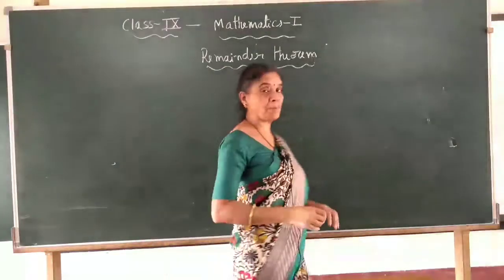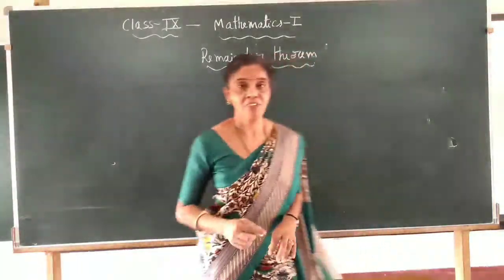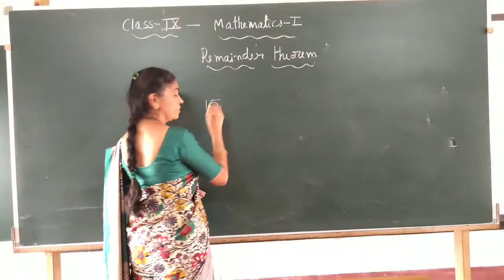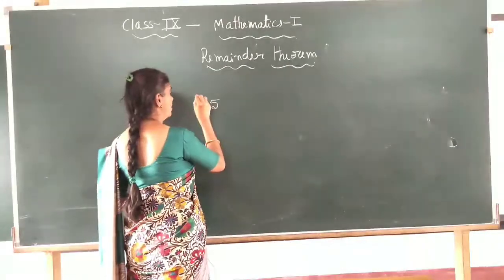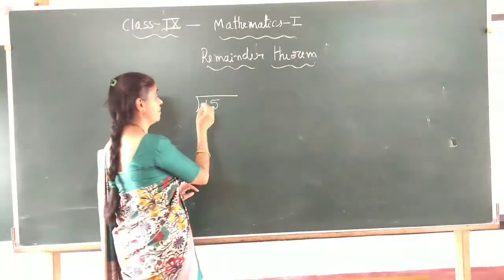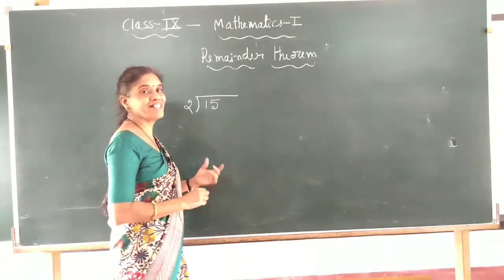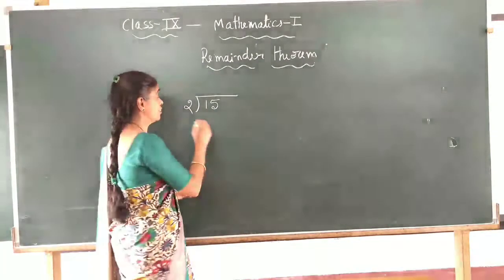What is the meaning of remainder? You know, in mathematics, when any number, say 15, is divided by a divisor 2 here, what do we get at the last step? Let us do the division.